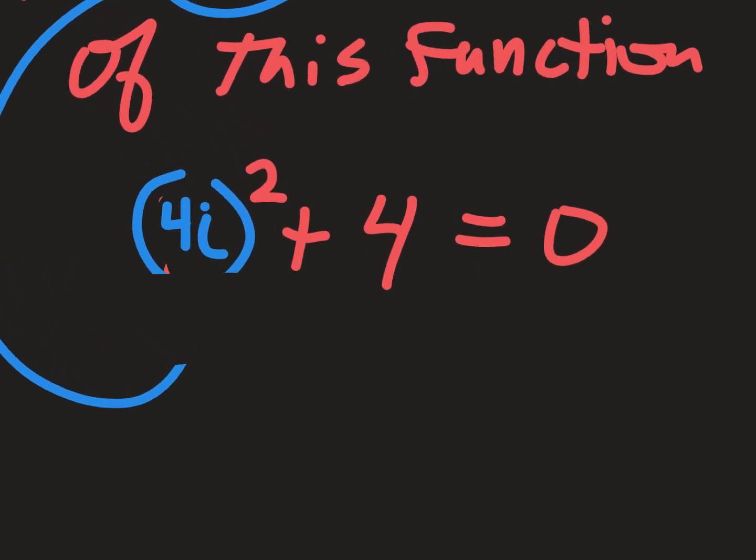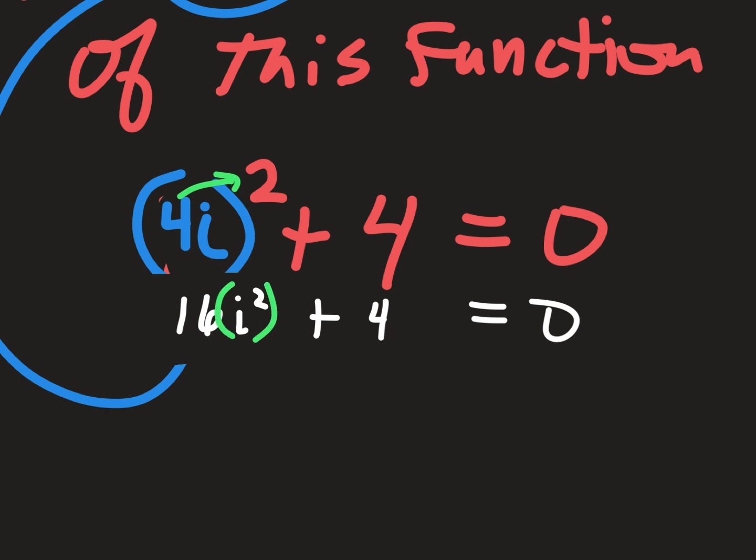Because 4i squared is 16, because the 4 has to get squared. That's a really common oops, is that number has to get squared. So that's 4 squared is 16i squared, and the I squared is -1, so then that makes this -16 plus 4. That is not a 0.